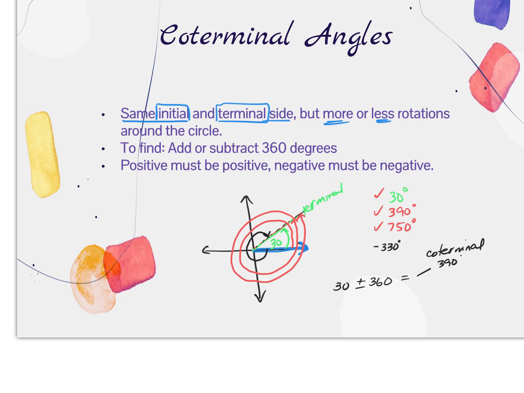If I add another 360 to it, I'm going to get 750, which is what I got in the drawing, right? And if I do 30 minus 360, I'm going to get negative 330. If I do minus 360 again, I'm going to get negative 690. And I could again find all these negative coterminal angles. So I can go to infinity finding coterminal angles.